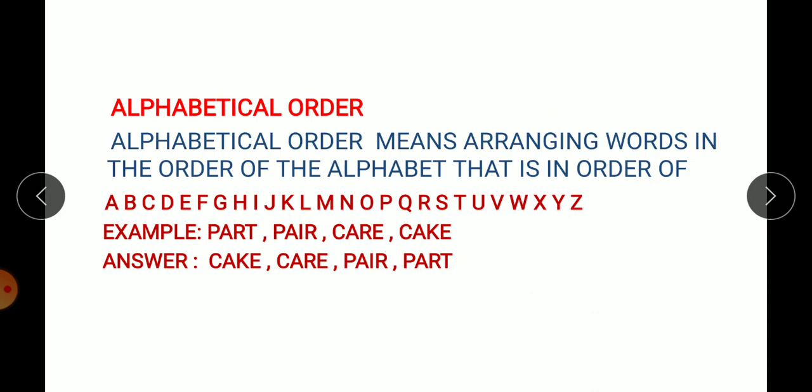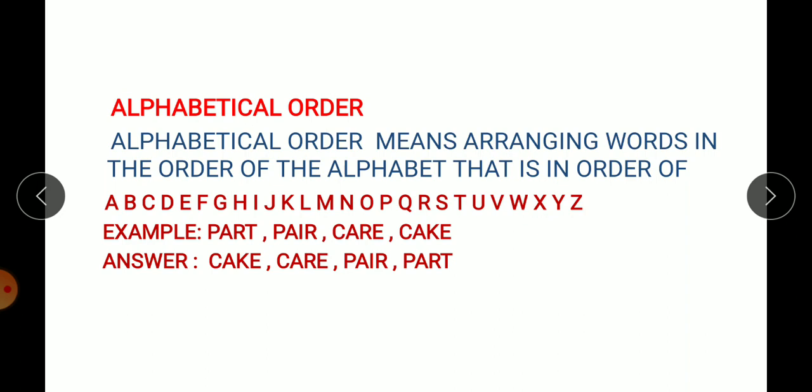Alphabetical order means arranging words in the order of the alphabet, that is in order of A to Z. Now children, you all know ABCD, and these alphabets are arranged in particular order from A to Z. So if the words are given and you are arranging them in alphabetical order, then that is arranging words in alphabetical order.